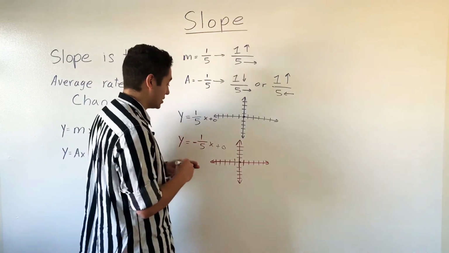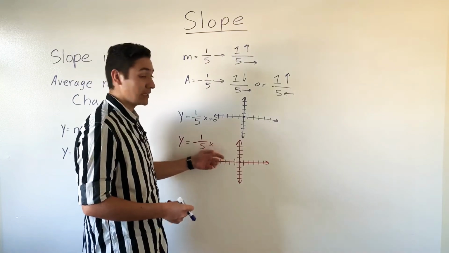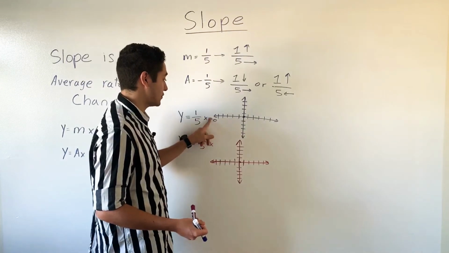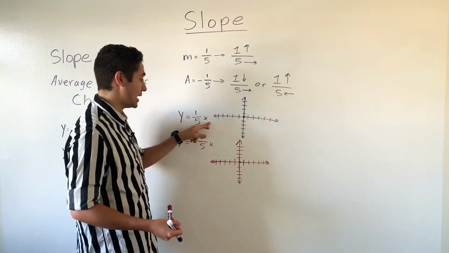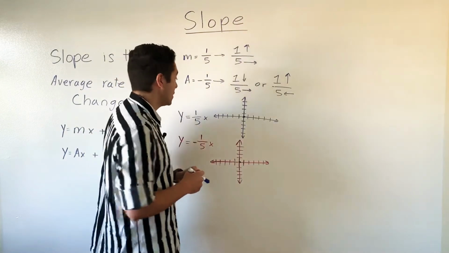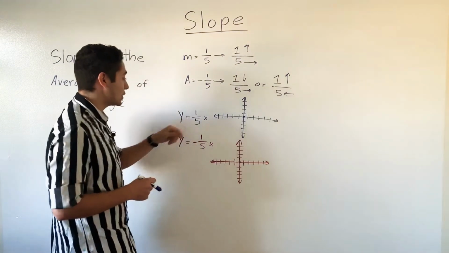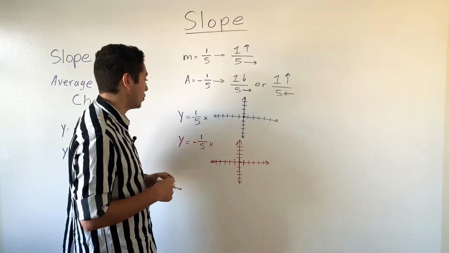So that's just a little side note, but you don't really have to specify that. That's normally a given when it comes to these linear functions. If you just have y, slope, and x, it's given that the y-intercept will be 0, okay?